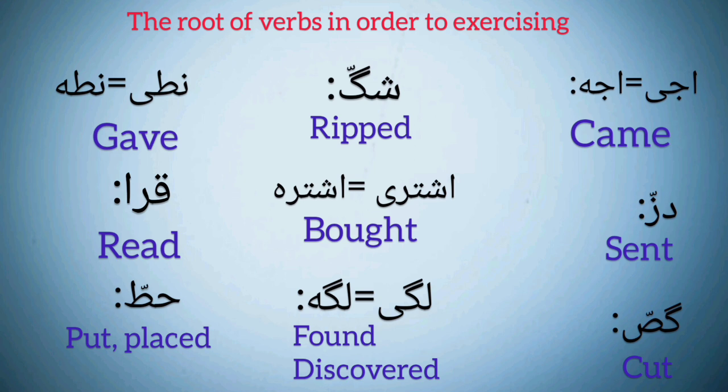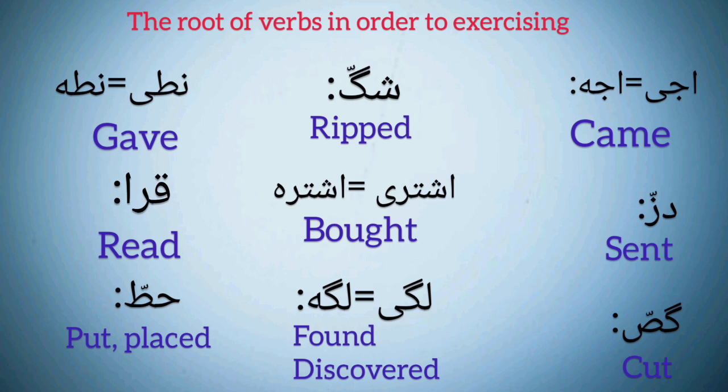For example, هو إجى, he came. Then بعت, which basically means sent. As you see, in this root the last two letters are the same. And then we have to add to this root in order to conjugate it. We have to add some signs that I previously taught you.